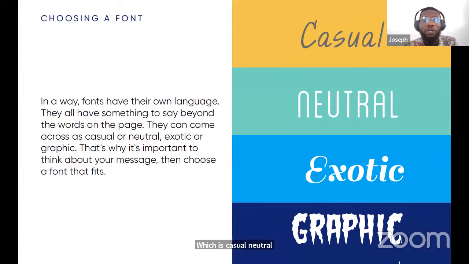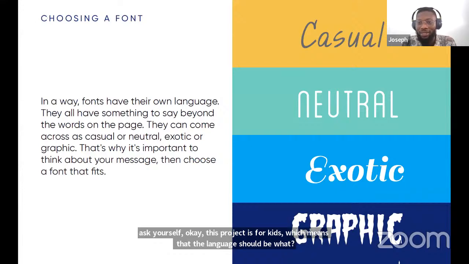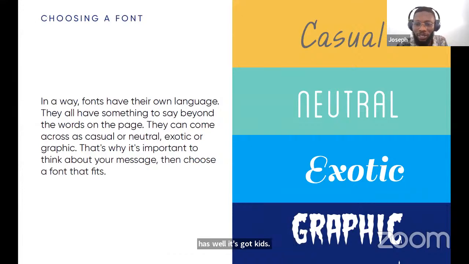Focus on those four languages and just ask yourself, okay, this project is for kids, which means the language should be what? Casual. It's for kids. This project is for couples, which means it should be exotic because that gives the vibe of romantic, right? Oh, this is a movie about Ojuju Calabar. Go ahead and be graphic about it.